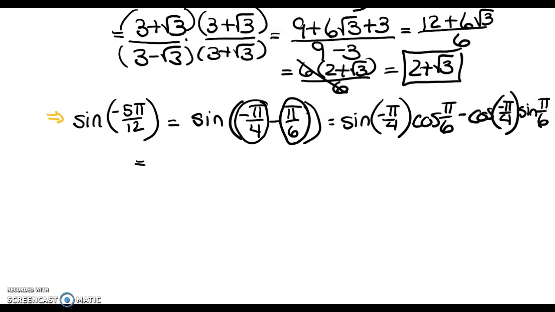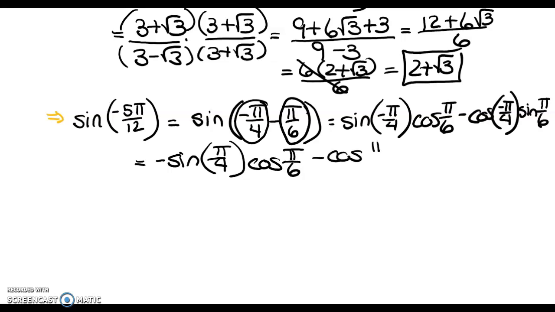All right, so my negative angle identities tell me that sine of a negative angle is negative sine, cosine of pi over 6. So my negative angle identity tells me that cosine of a negative angle is just the cosine of the positive angle, pi over 4, sine of pi over 6.